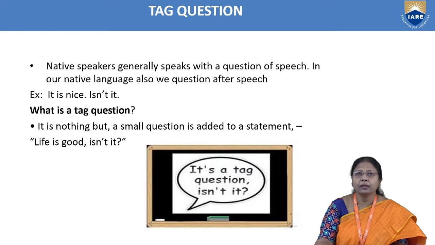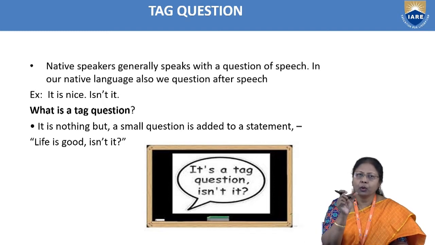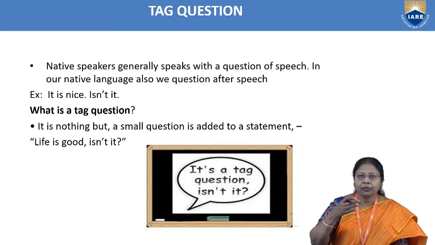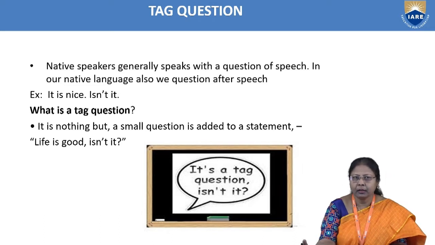Understand? Usually native speakers generally speak with a question after a speech. Not only those people, even in our native language also, we use question tags, a small contracted form of question after our speech. For example, if we are talking to another person, stating, yeah, life is good.